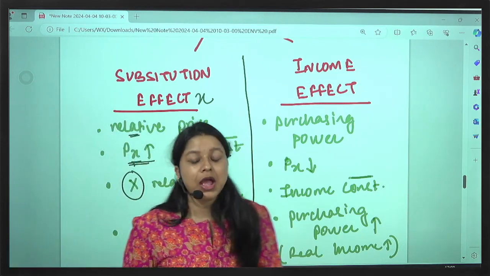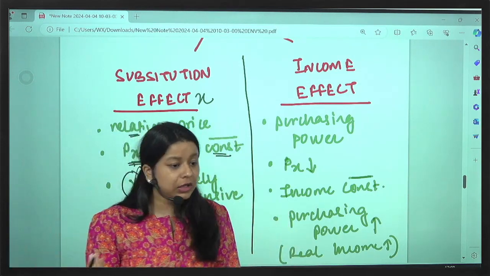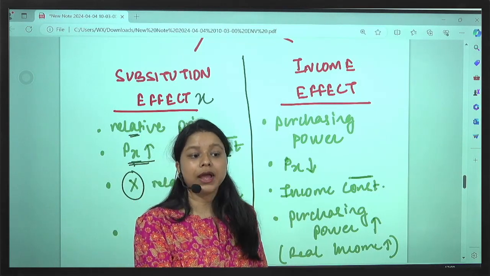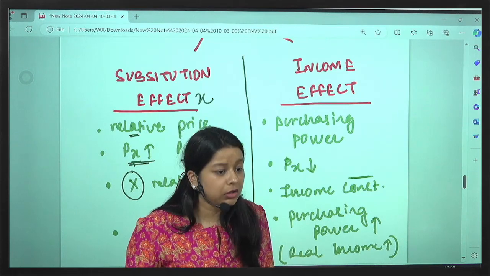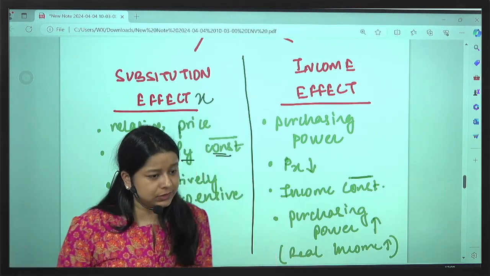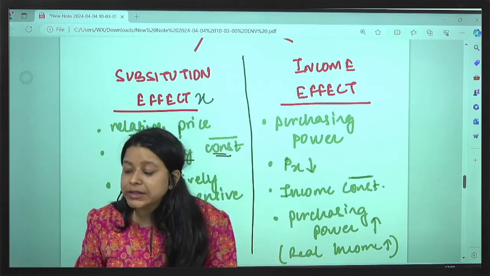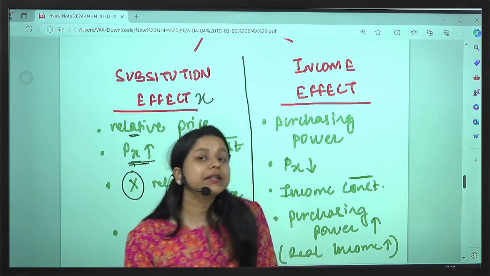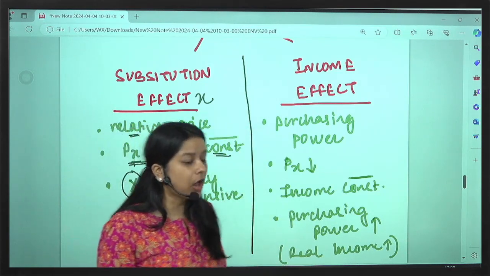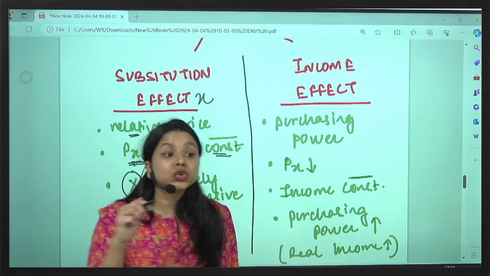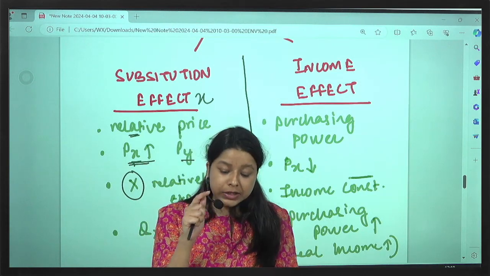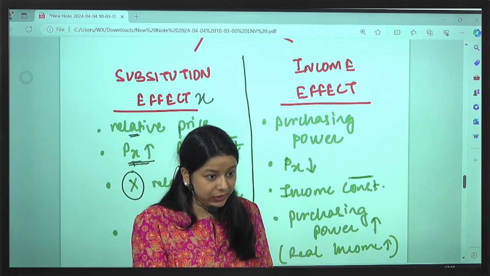For example, in my fruit basket, I'm having mangoes, watermelon, papaya, and what else? Banana. Okay, so I have 4-5 goods. Now let's suppose the price is not changing for all the other fruits. Suddenly, for mangoes, the price has gone up from 500 per kg to 700 per kg. You tell me, you were earlier consuming 2 mangoes every day.